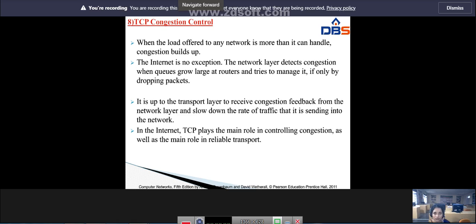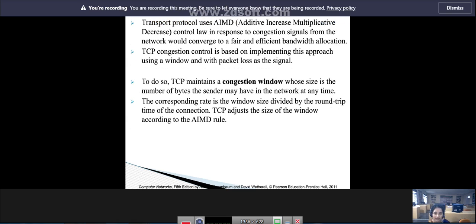In congestion control, the transport protocol uses additive increase, multiplicative decrease. The AIMD control law, in response to congestion signals from the network, converges to a fair and efficient bandwidth allocation. TCP congestion control implements this approach using a window, with packet loss as the signal.